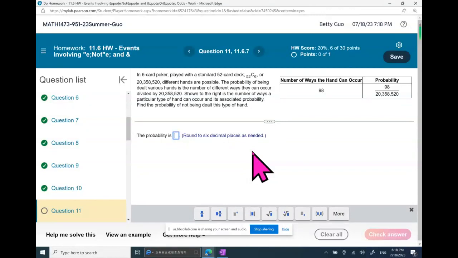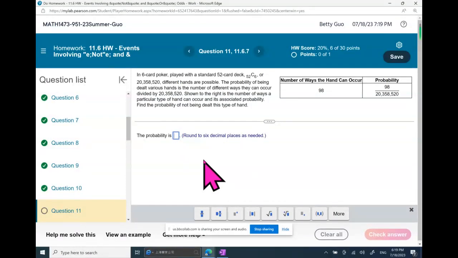Now be very careful. If you enter one number wrong, you have to fix it. Be very careful. 20,358,520. Close the parentheses. So I got a decimal 0.999951863. Do you have the same decimal?